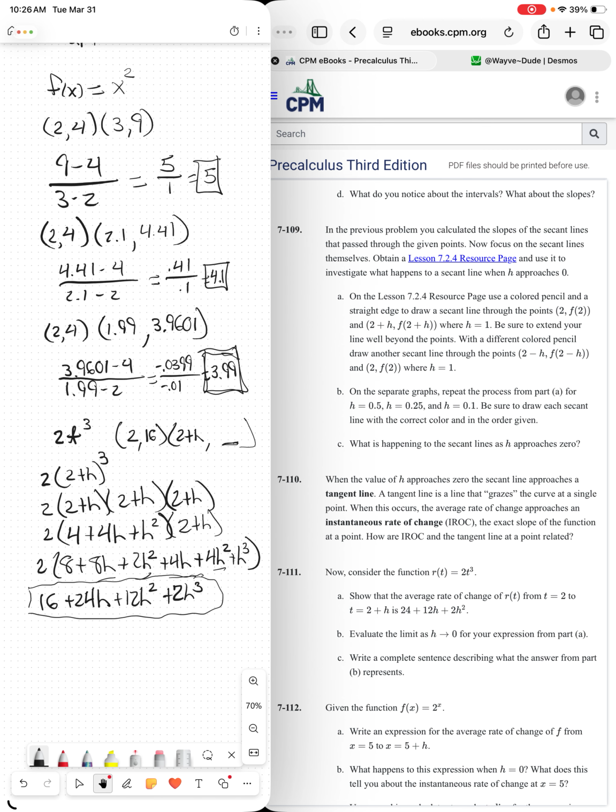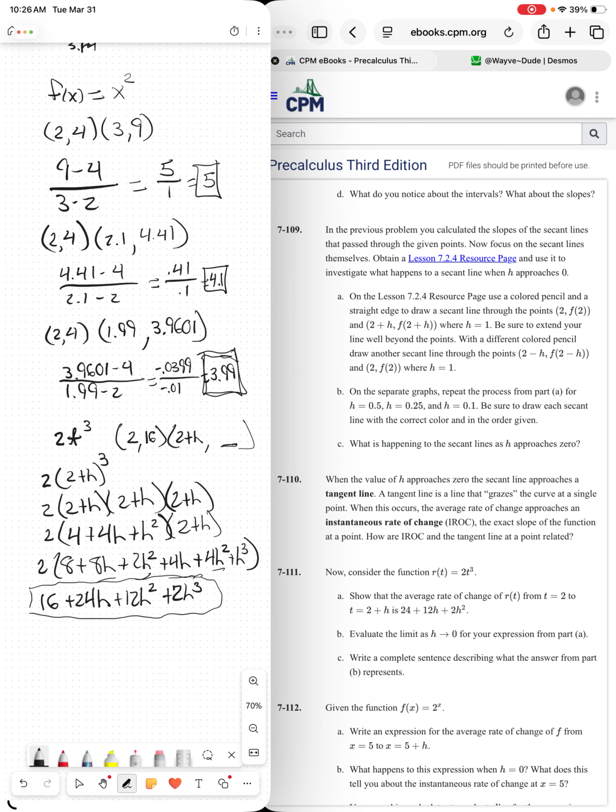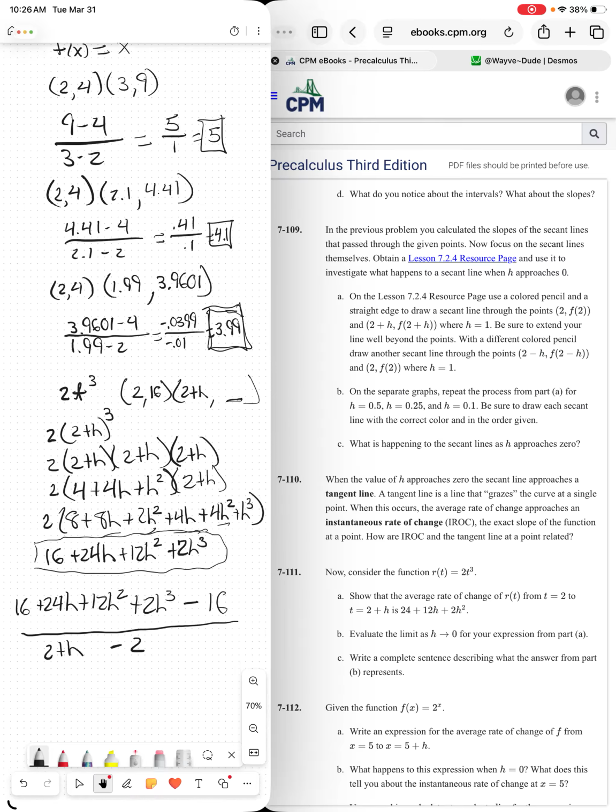Now we have to find slope. So we take y2, which is this we just wrote, minus y1, that's 16, over x2 minus x1.